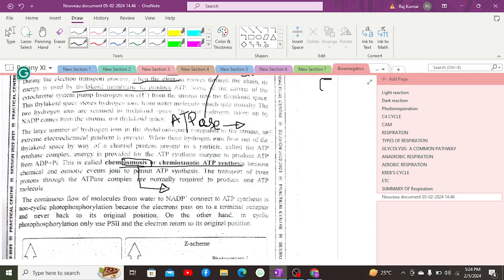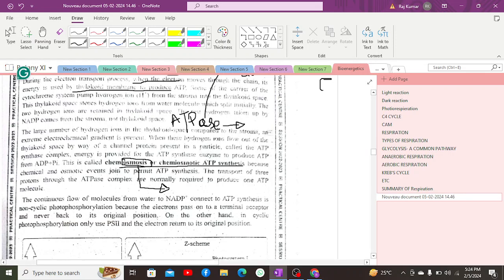These protons being pumped from higher concentration to lower concentration through a partially permeable membrane resemble the process of osmosis, but osmosis is not actually occurring. Because it is similar to osmosis, due to the electrochemical gradient formed over here, it is known as chemiosmosis.